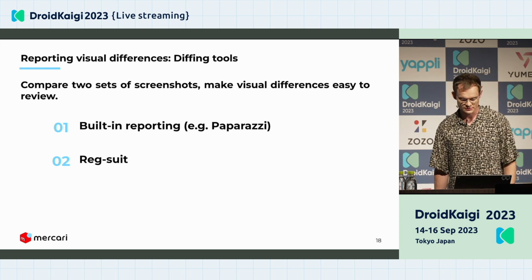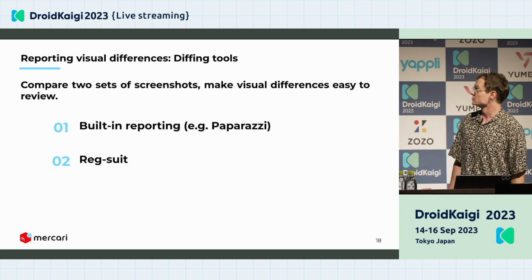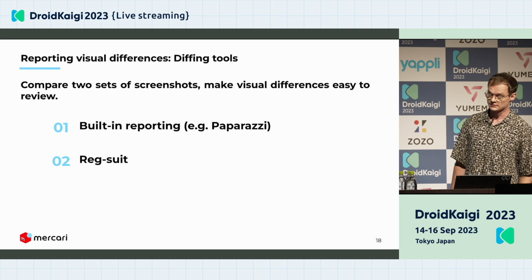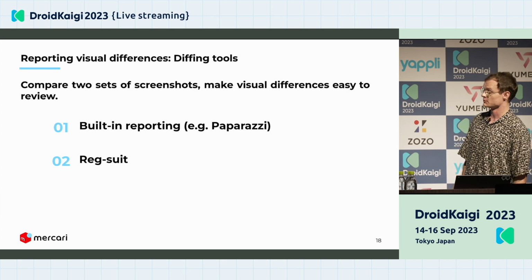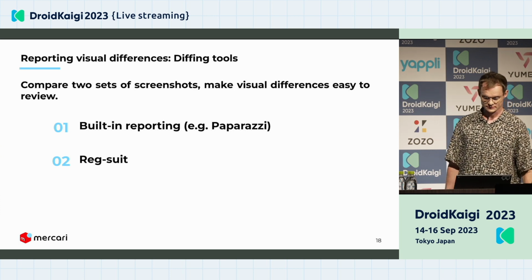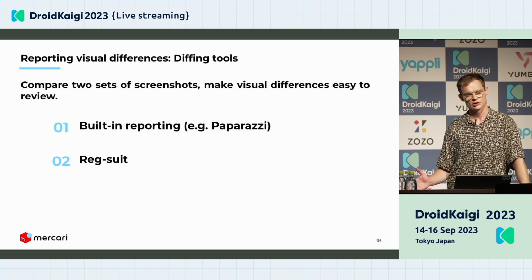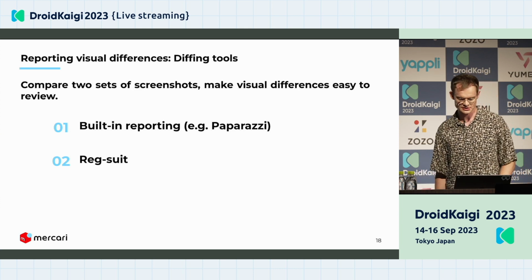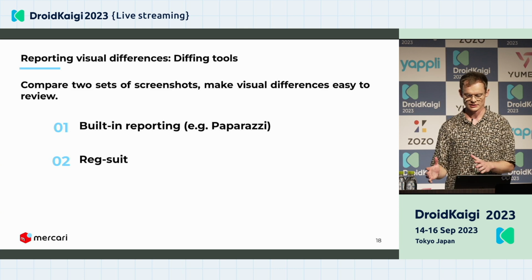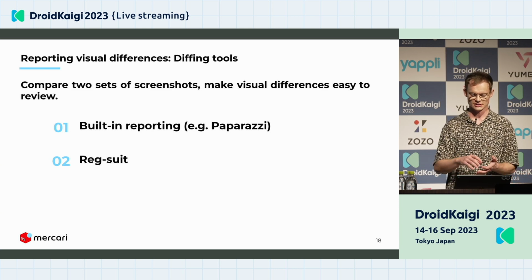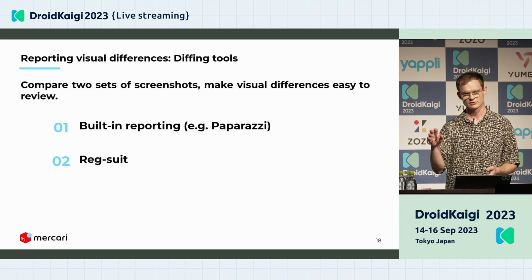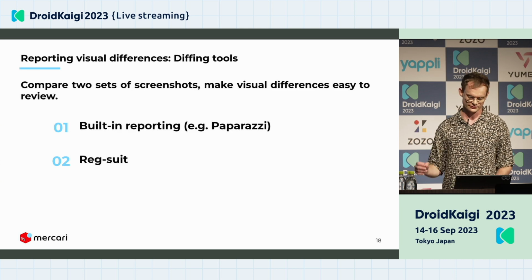The second option we considered is an external diffing-specific tool that we already used in our iOS pipeline. It essentially works by comparing two directories of screenshots, directory A and B, and we get a report of which images were new in directory B, which changed, and which were removed.